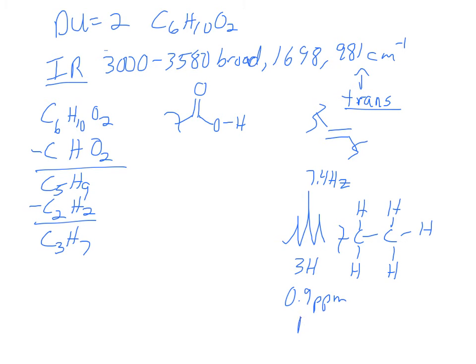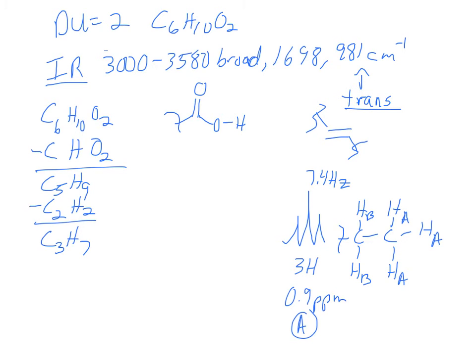So if this is A, we're calling these guys A, we should be looking for, if this is B, how would B be split by A? B would be turned into a quartet, right? But I'm looking here and I don't have any quartets.